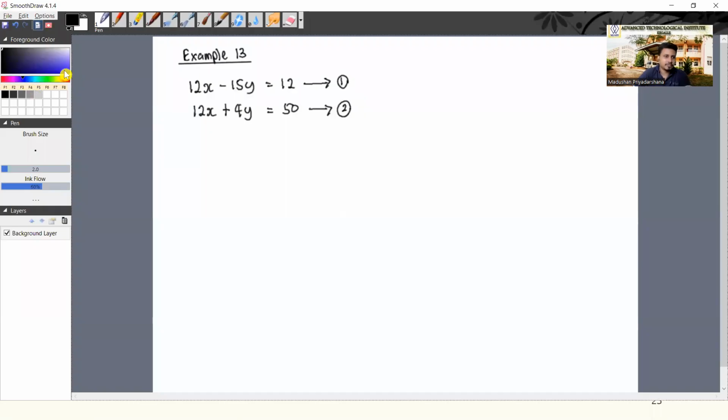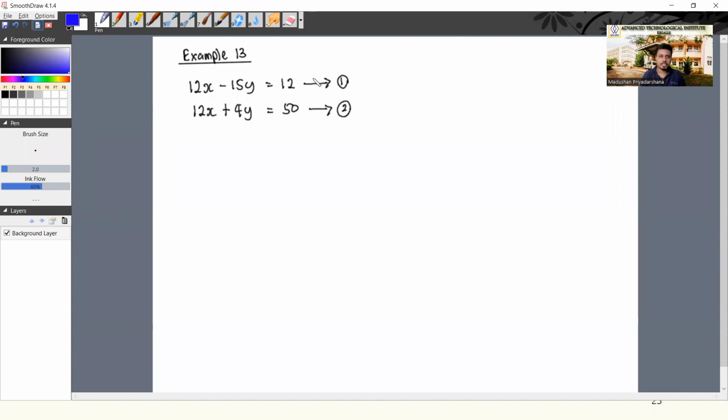Right. What is the first step we need to do in solving simultaneous equations? We need to make the absolute value of one of the given variables equal. So for that, as per example number 13, do we need to build up separate equations? No need. Why?